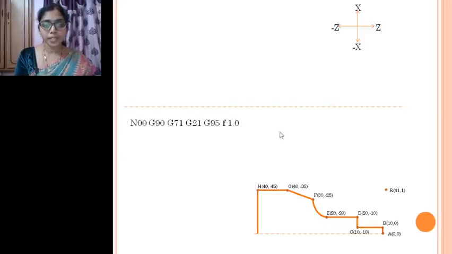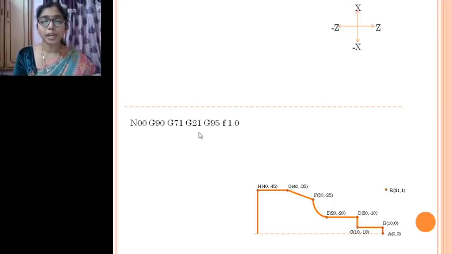So this is the first line. N represents the line number, G90 represents the mode which we are using, whether it is absolute or incremental, and G71 the cycle which we are using, whether it is a turning operation, a boring operation or a drilling operation. And then you have to mention the units, whether they are in mm or inch.